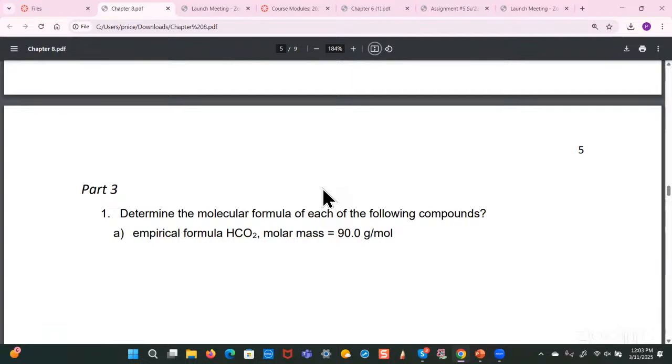And test number 2 is based on chapters 4, 5, and 6. And if you have any issues during the test, or sometimes some things happen in the testing center, please feel free to call me and let me know as soon as possible, right?